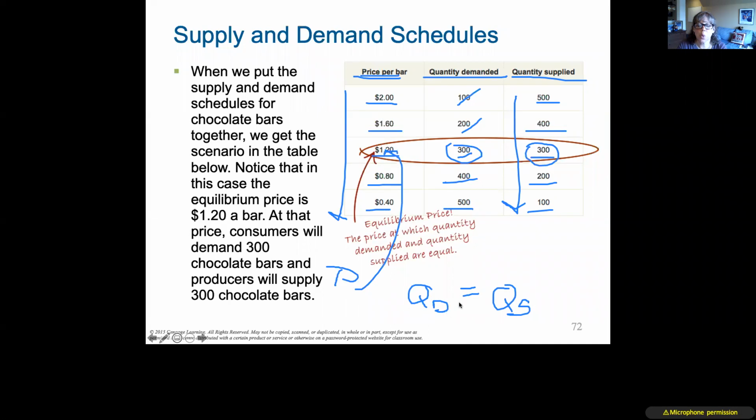And the equilibrium quantity becomes 300. That means that at that price, consumers would demand exactly the same amount as the producers produce. No extra, no shortage, right? It's an ideal situation for an economy. So the equilibrium price is the price at which the quantity demanded and the quantity supplied are equal.